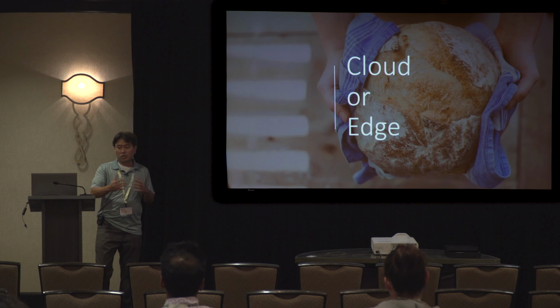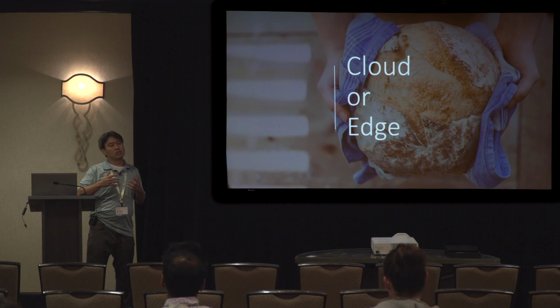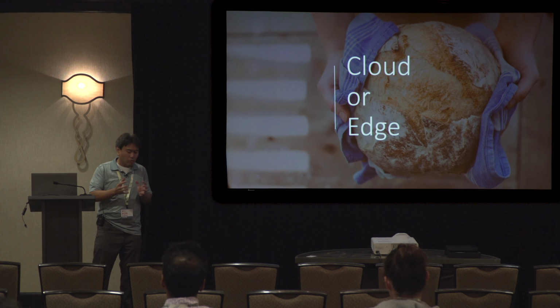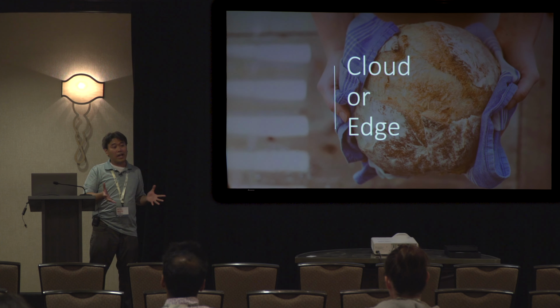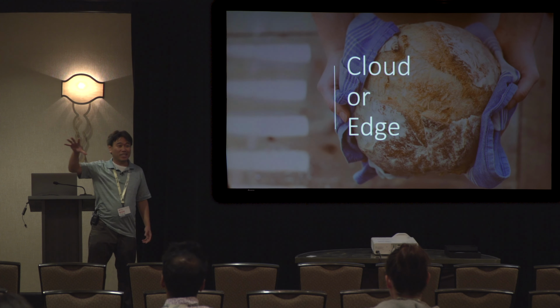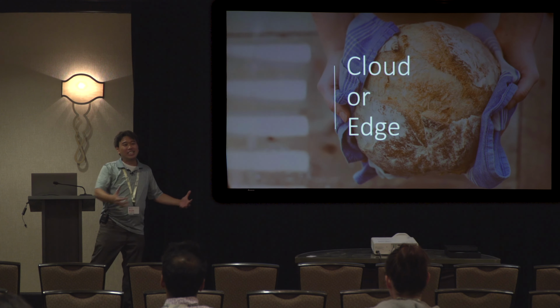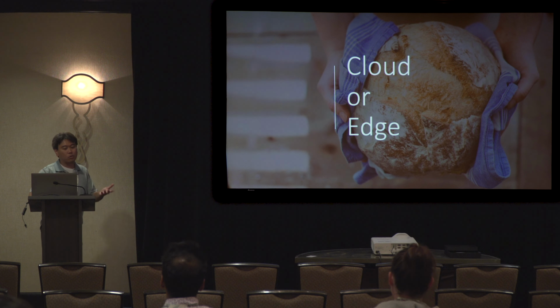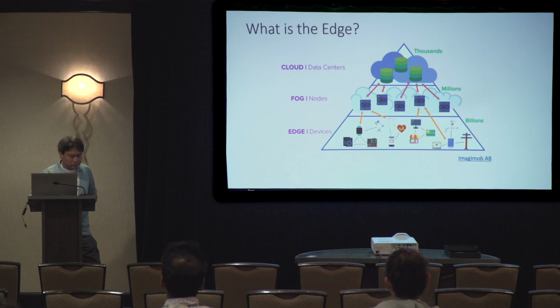So there's a difference between the cloud and the edge, and a lot of it is planning. There are advantages to each one. Is it centralized, baking the bread, or decentralized, having it locally at the store? Those are the things you have to think about whenever you're building this infrastructure.